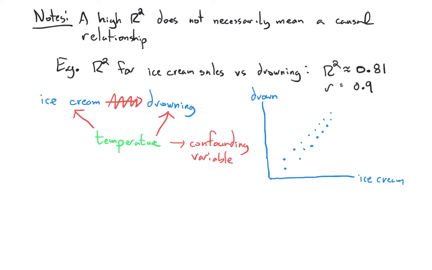And just quickly, the other thing that comes up a lot is maybe it's just by chance that these two variables do have some sort of relationship. So it could also be just by chance.